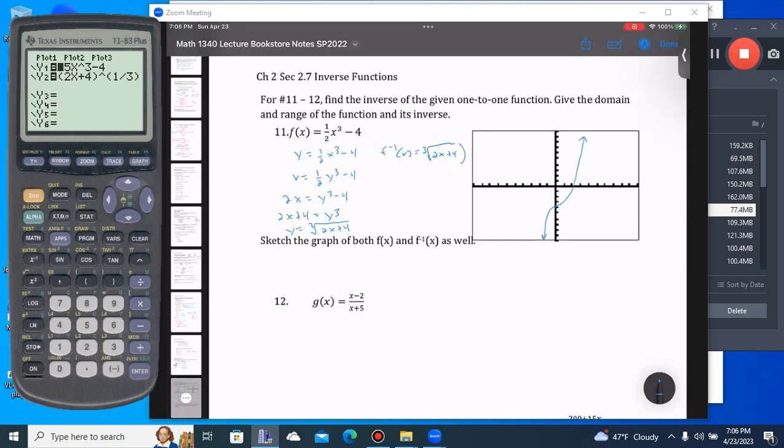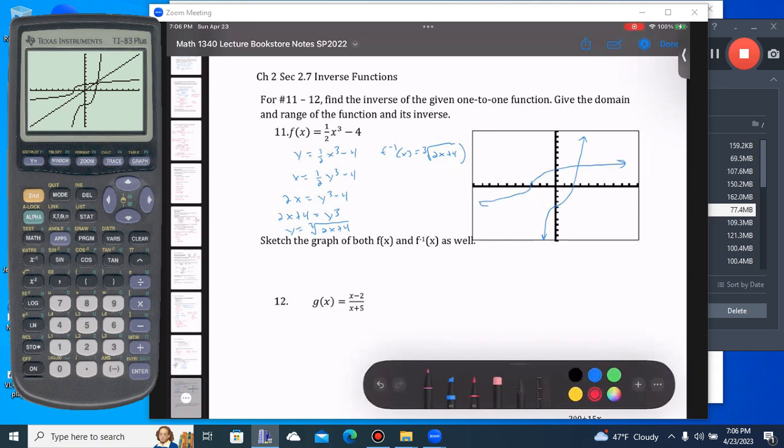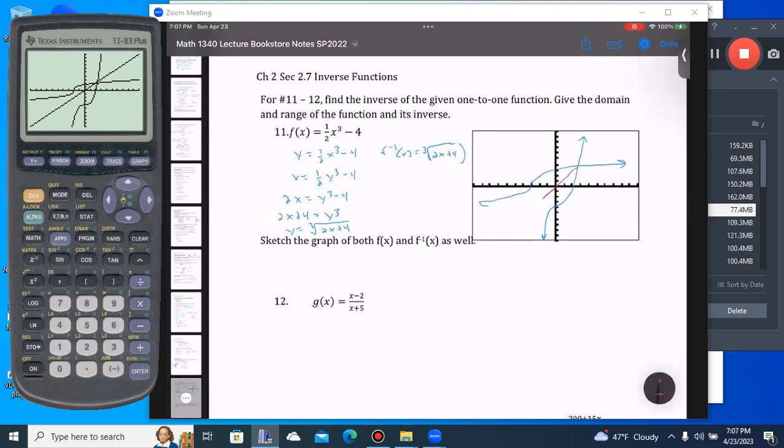So let's plug in x. You can see the mirror images across this y equals x. In between, there's a point where they cross, and that's where y equals x crosses.